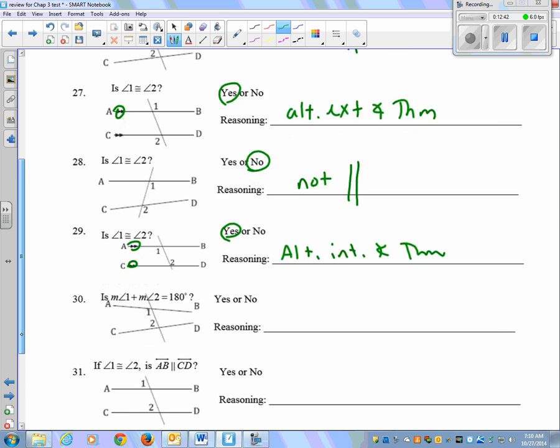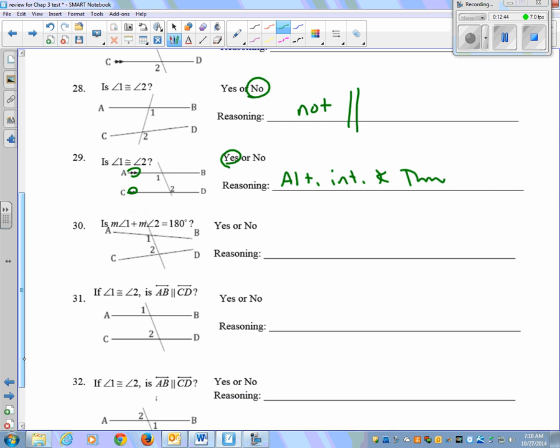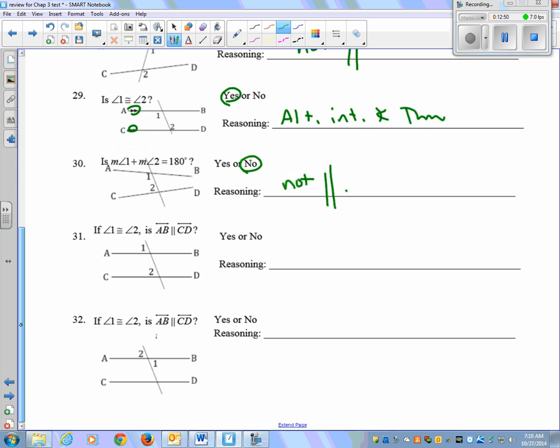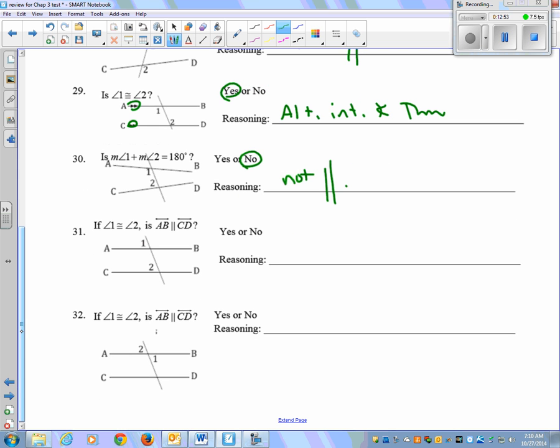And number 30, do they add up to 180? No, not parallel. So we can't assume that those same side interior angles add up to 180. Here, if they're telling us that angle 1 is congruent to angle 2 now, the question is, are these parallel? Yes, they are parallel by the converse of the corresponding angles theorem.